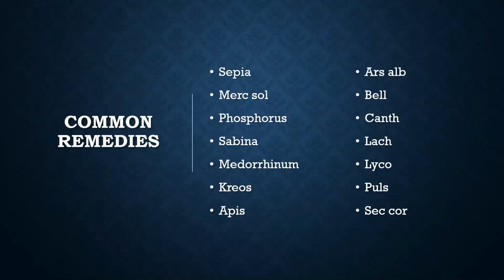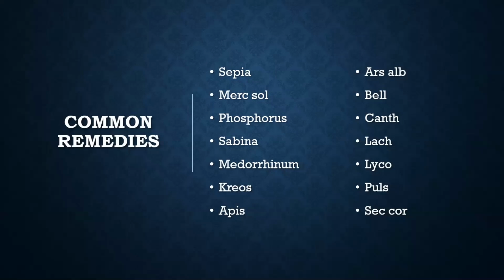So based on the causation, we can pick up a few rubrics. The common remedies which we can talk about in case of PID are Sepia. Sepia should be given to a patient with pelvic inflammatory disease if pain in the lower abdomen and pelvic area is there. And the most important one is bearing down sensation in the pelvis, burning or gripping in the uterus, and vaginal discharge of yellowish or greenish offensive nature.